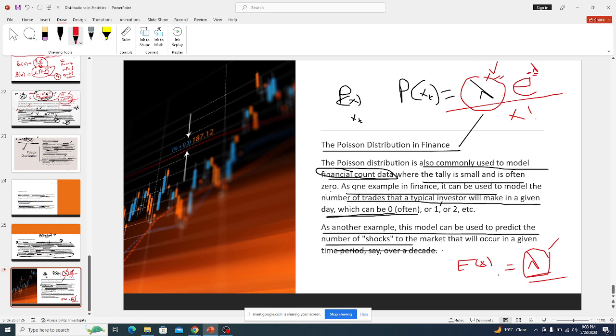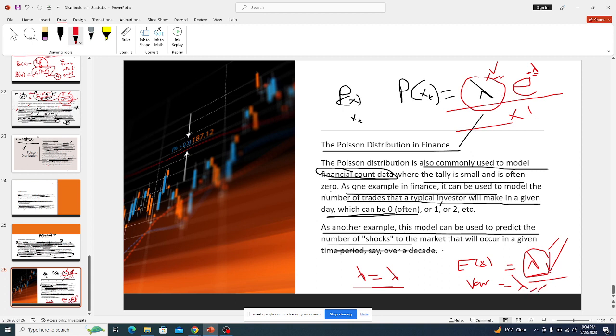So the mean for Poisson distribution, if you do the expectation, is lambda. And Poisson distribution is the only distribution where mean is equal to variance, meaning the variance of Poisson distribution is also lambda.